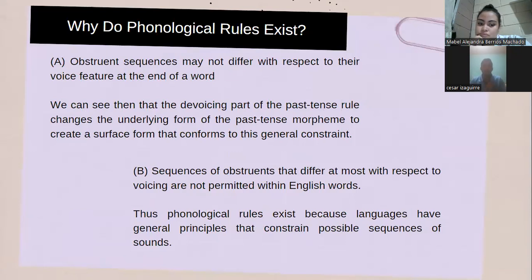And B, sequences of obstruents that differ with respect to voicing are not permitted within English words. Thus, phonological rules exist because languages have general principles that constrain possible sequences of sounds.